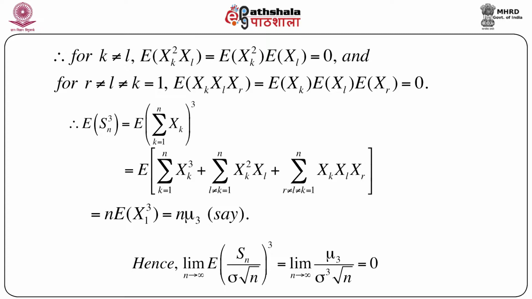So n cancels out, and we are left with root n in the denominator. Since sigma cube is finite and mu 3 is finite, the entire limit becomes 0. So just by taking simple expectation and using the fact that they are all independently and identically distributed, we can easily prove this result.